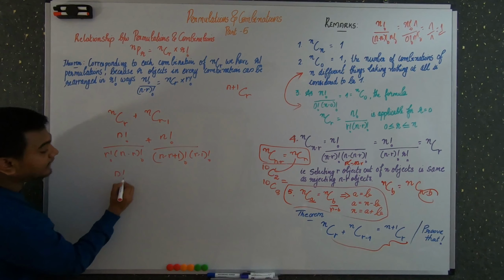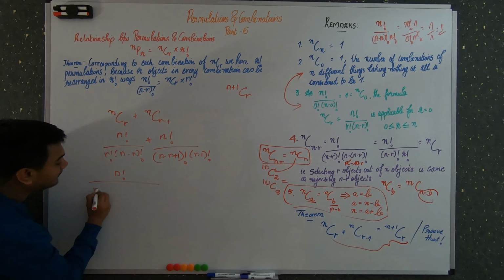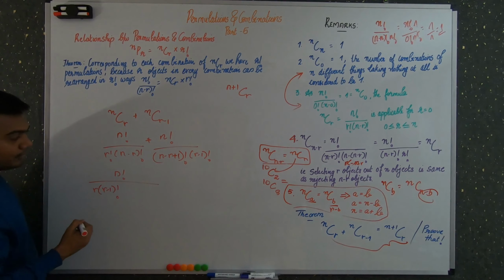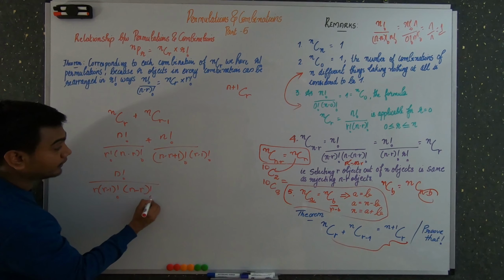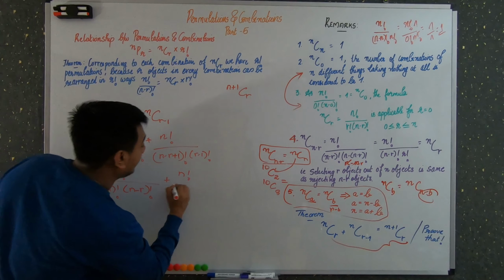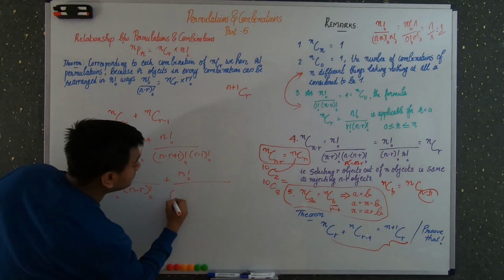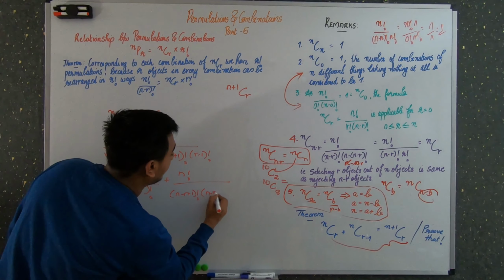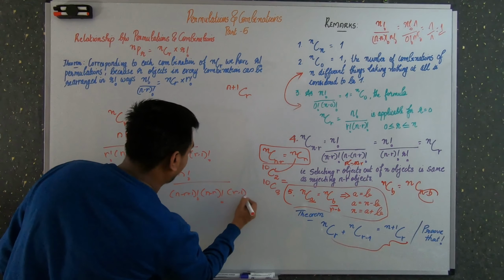Now you can write this as, because I want to take (r minus 1) factorial common, r into (r minus 1) factorial, again into (n minus r) factorial. On this side I'm going to solve again, because I want to take (n minus r) factorial common, so (n minus r plus 1) factorial becomes (n minus r plus 1) into (n minus r) factorial, into (r minus 1) factorial.